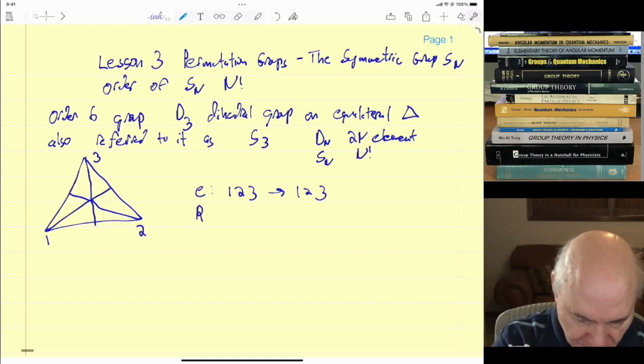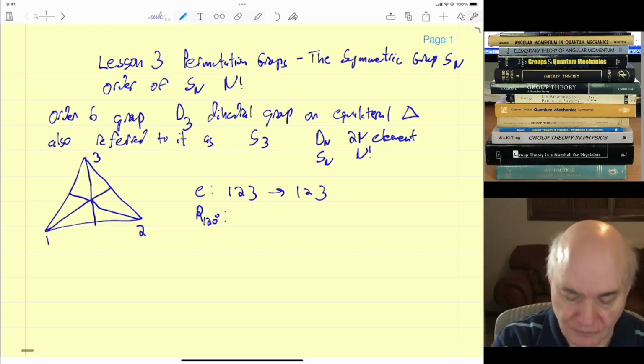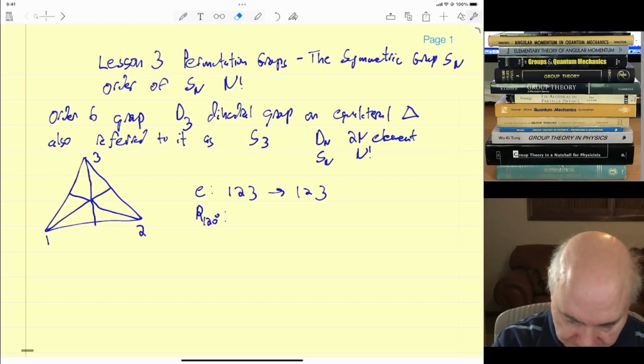Then we have R120, 120 degrees. We'll always talk about counterclockwise rotations. So that would mean 1, 2, 3 would go to 2, 3, 1.